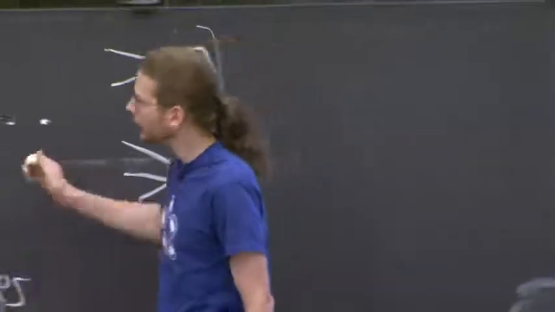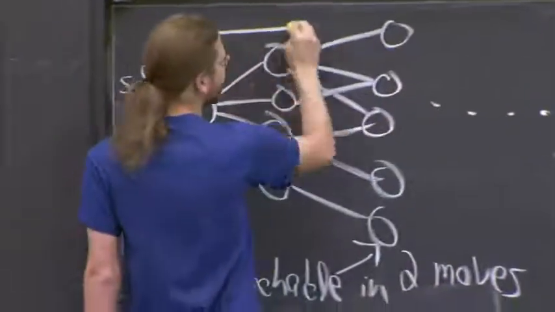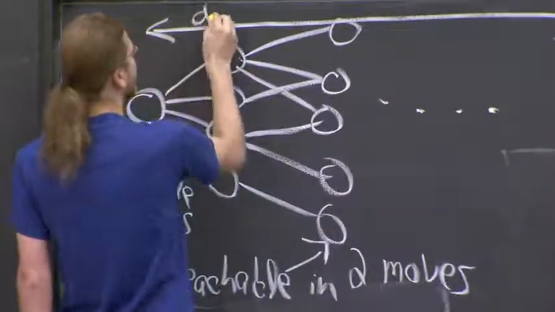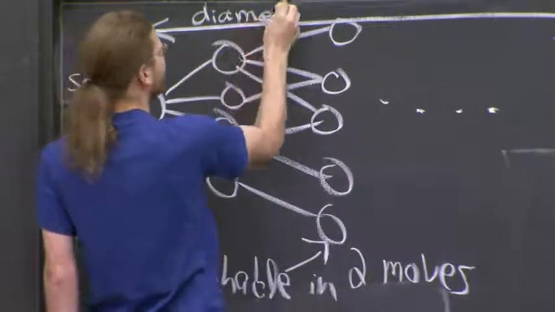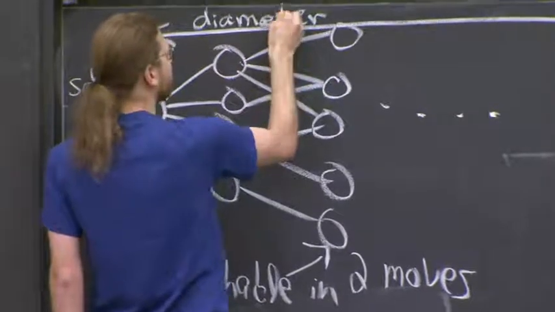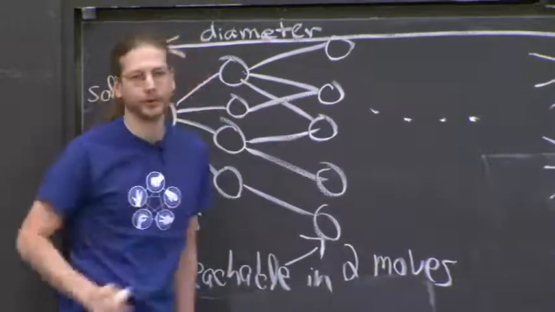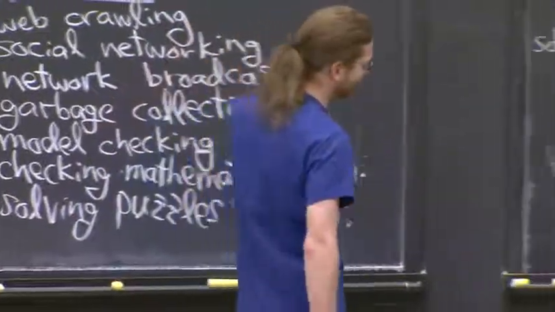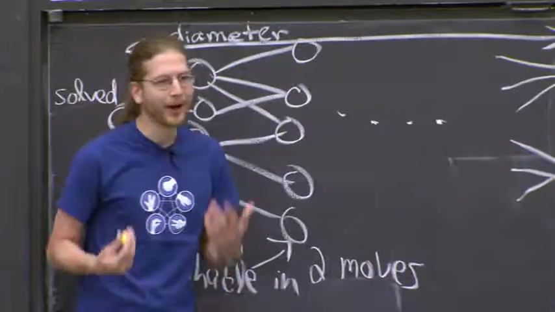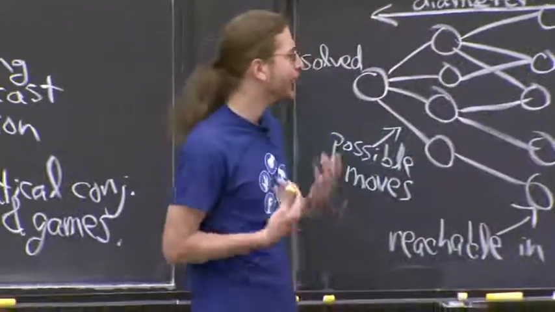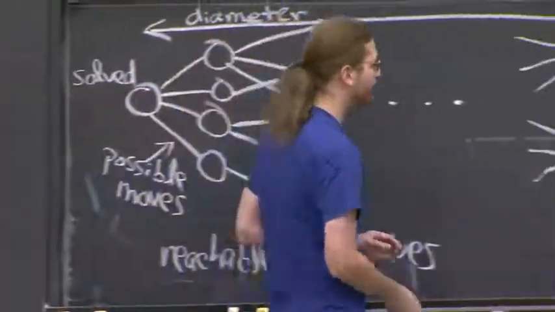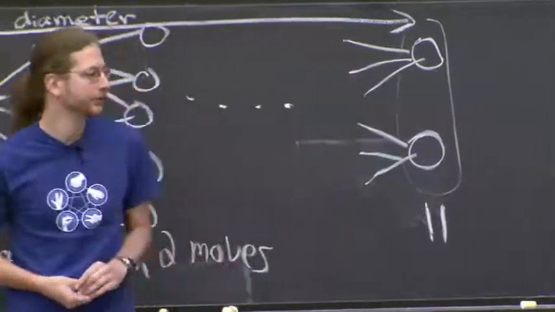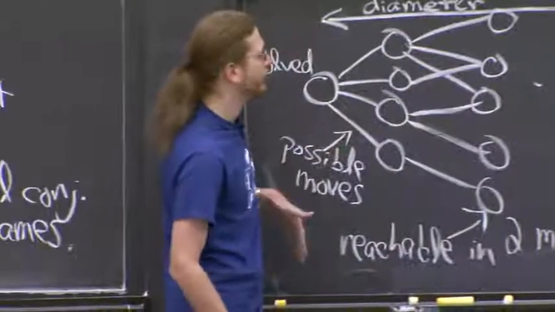And I guess as puzzlers, we're particularly interested in this number, which you would call, as a graph theorist, the diameter of the graph. Puzzlers call it God's number. If you were God or some omni-something being, you have the optimal algorithm for solving the Rubik's Cube. How many moves do you need if you always follow the best path? And the answer is, in the worst case, 11. So we're interested in the worst case of the best algorithm.